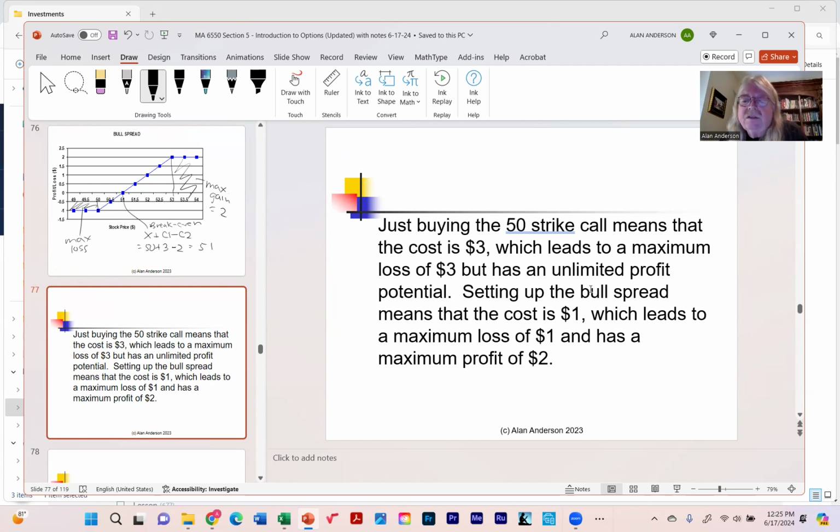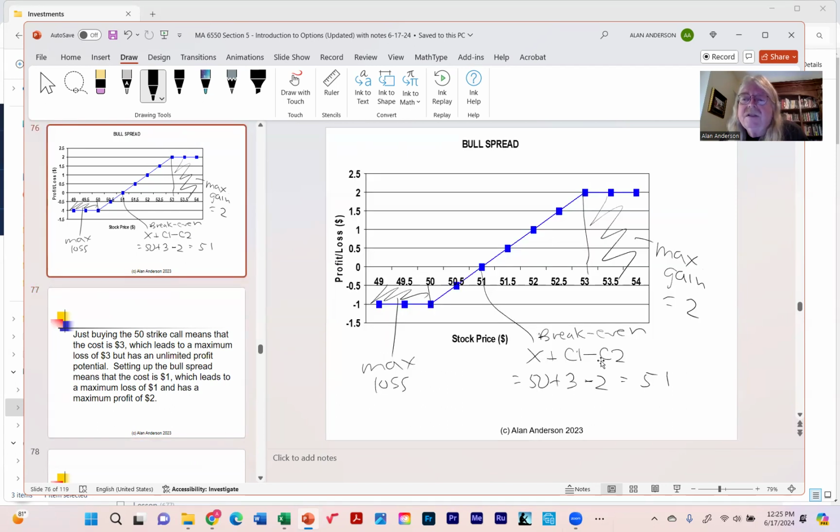The bull spread only costs $1, which is a third of the price of the call. But it does mean that our losses are limited to 1, but also our profits are limited to $2. So this means that this trader is expecting the price to go up, but not much past 53.